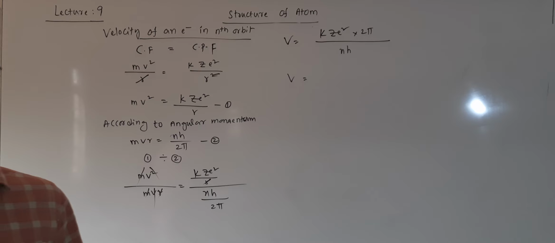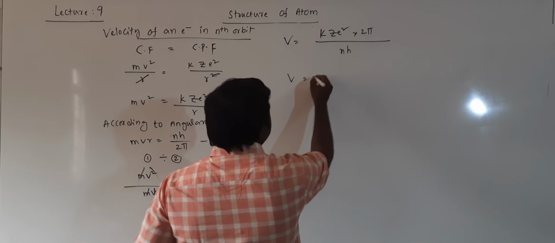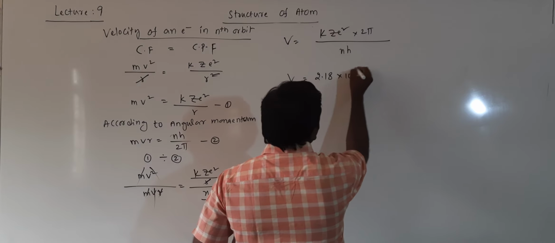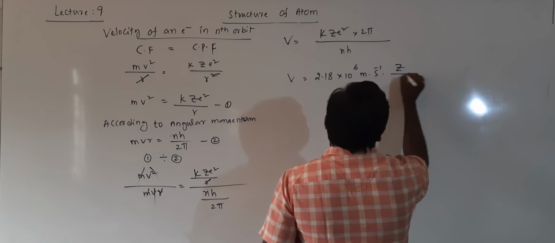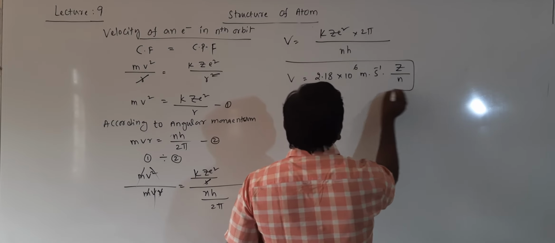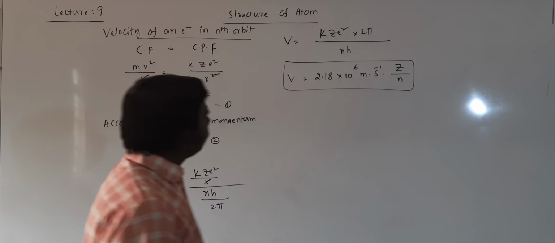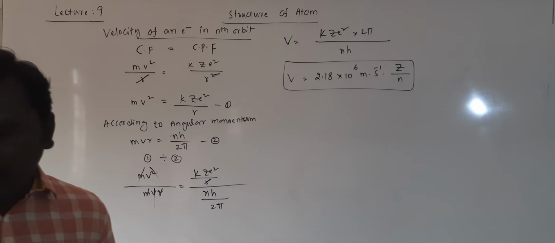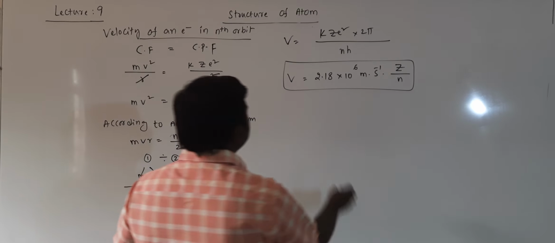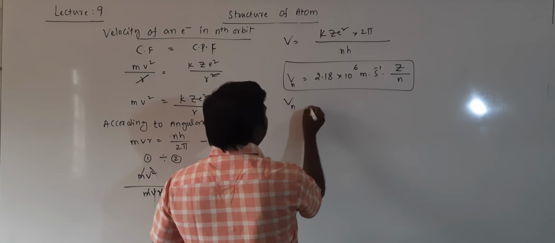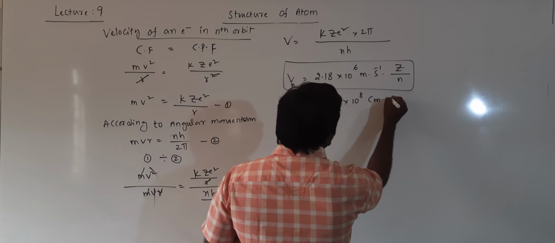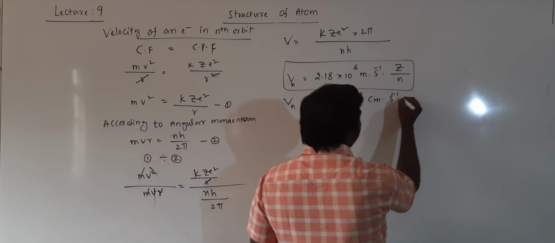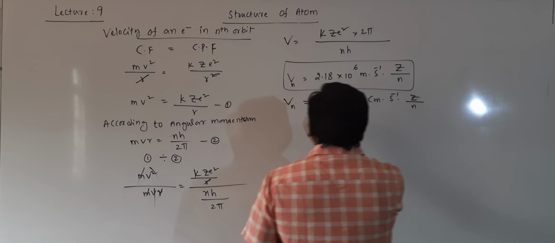Finally, the answer is 2.18 into 10 to the power of 6 meters per second into Z by n. In centimeters, the velocity of an electron in the nth orbit equals 2.18 into 10 to the power of 8 centimeters per second, into Z by n.